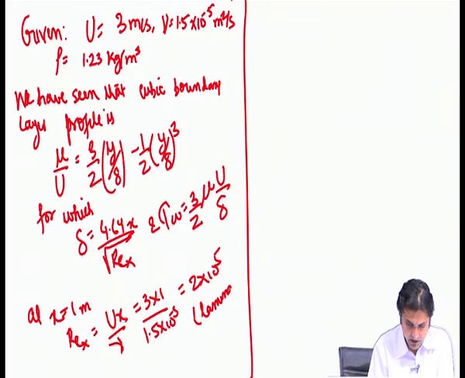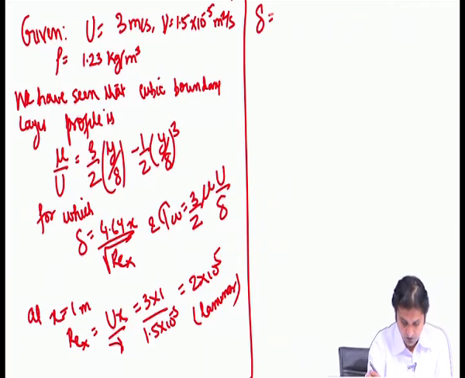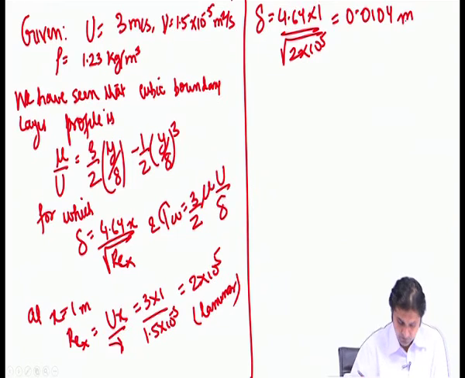So basically laminar, right? Now delta is going to be 4.64 into 1 divided by under root 2 into 10 to the power 5, and this gives us 0.0104 meter.